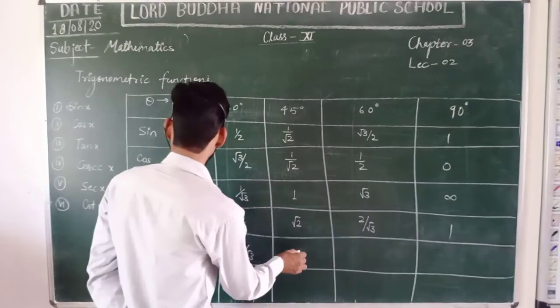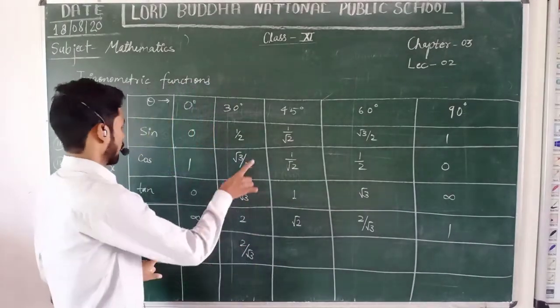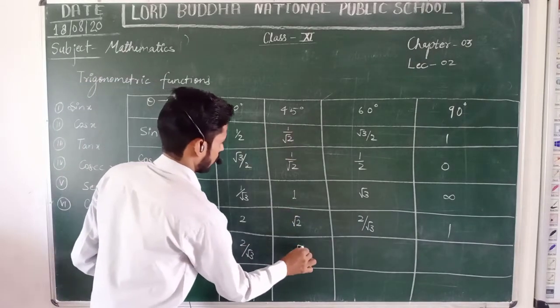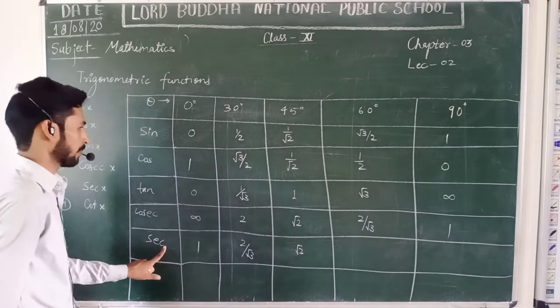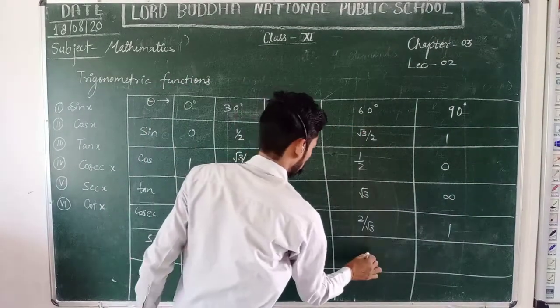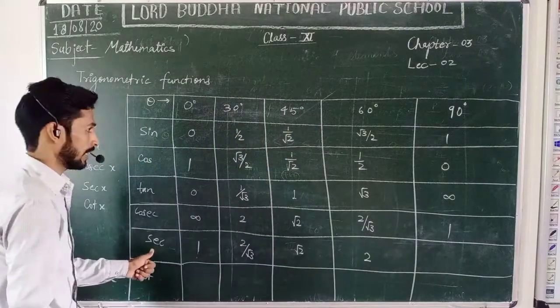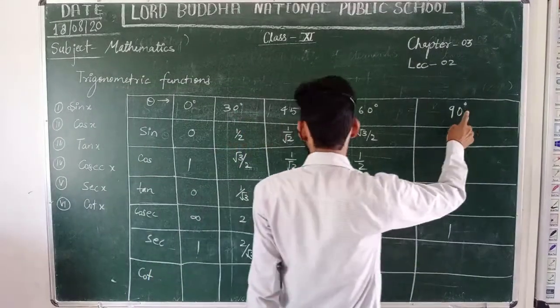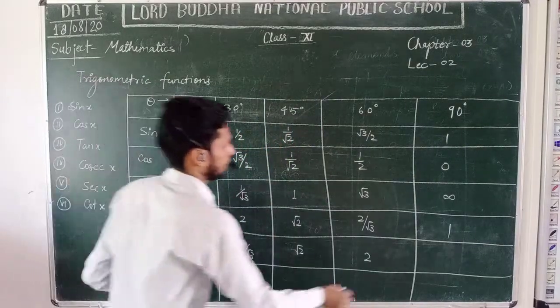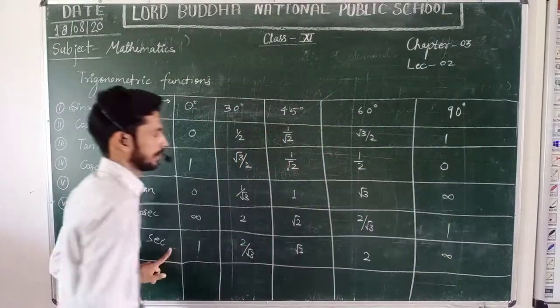Okay, and sec 45 degree is under root of 2, sec 60 degree equals 2, and sec 90 degree equals infinite.